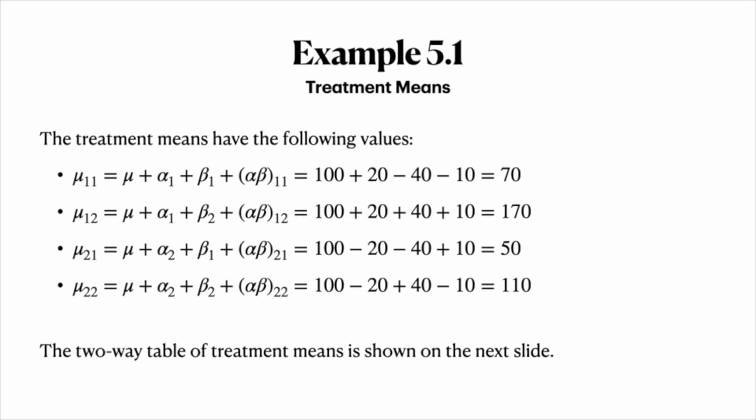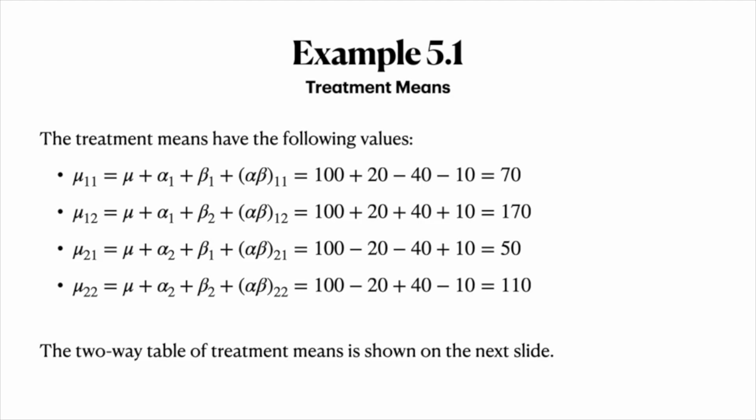Now with those values for the effects model parameters, the treatment means, the mu ij's, have the following values. Mu 1 1 turns out to be equal to 70. Mu 1 2 is equal to 170. Mu 2 1 is equal to 50. And mu 2 2 is equal to 110.